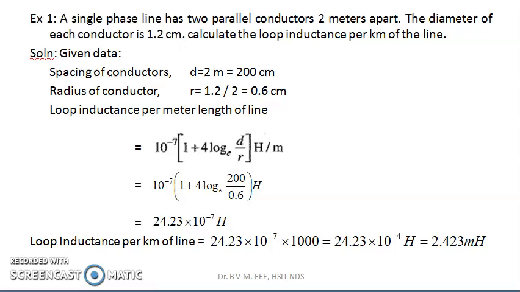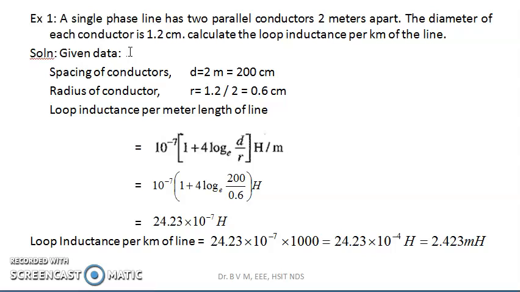Therefore, the units should be the same. We cannot take one unit in meter and another in centimeter. So I have taken it as 200 centimeter. 2 meter is equal to 200 centimeter.